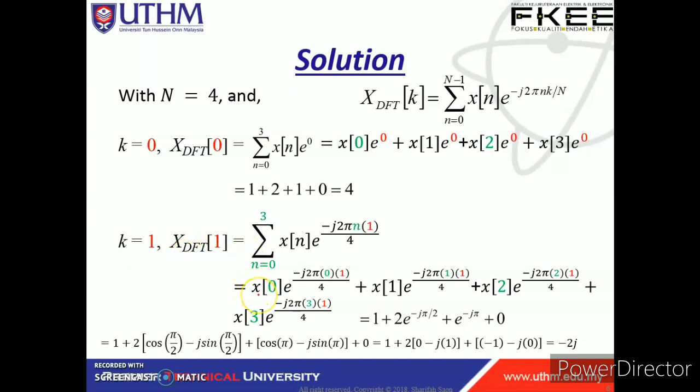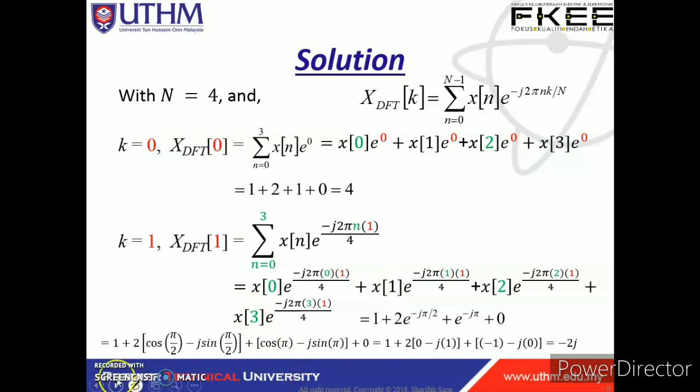Next we need to calculate k equals 1 to find the value of X DFT 1. So this is the equation: the summation of the exponent -j 2 pi n, and in our case k is equal to 1, multiplied with the discrete signal.